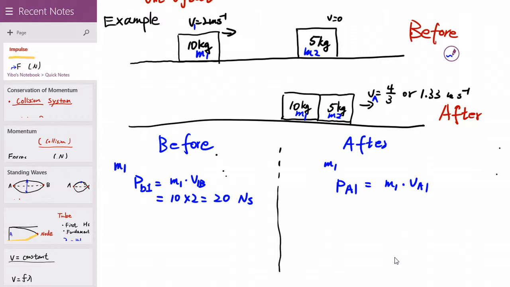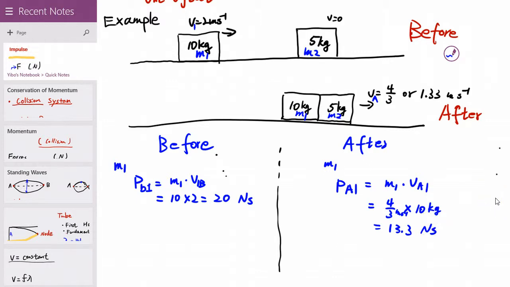So it's 4/3 meters per second times 10 kilograms, which is basically 13.3 kilogram meters per second or Newton seconds.